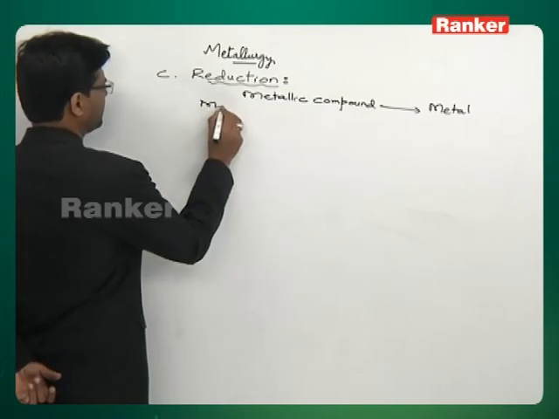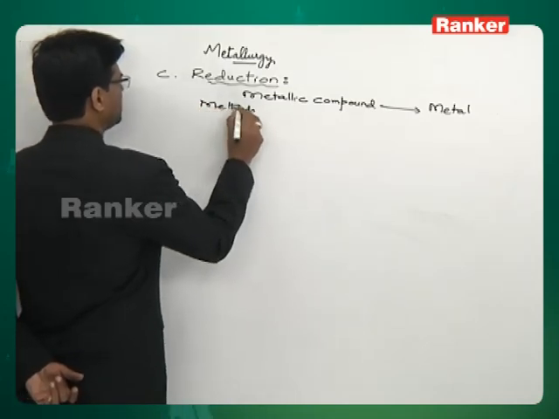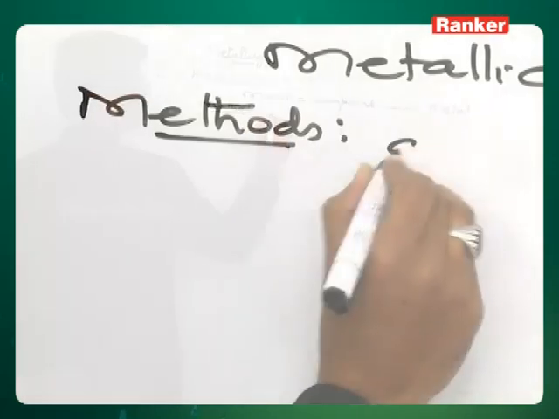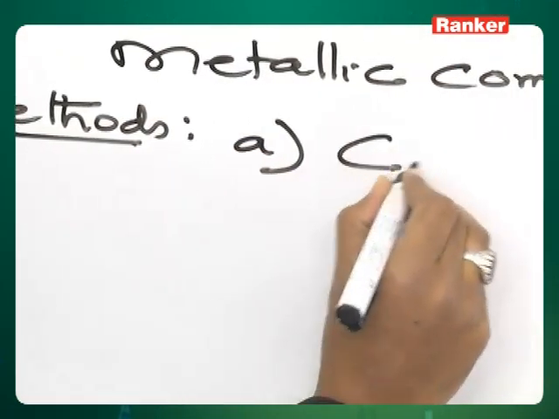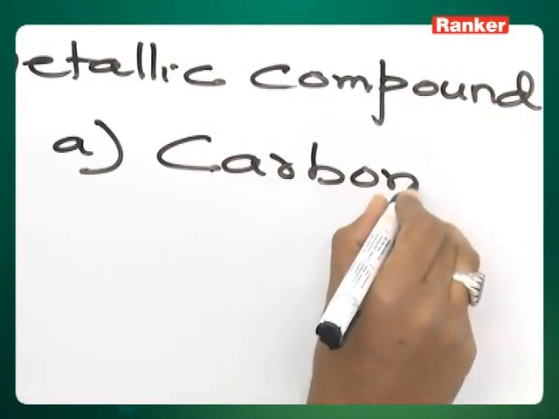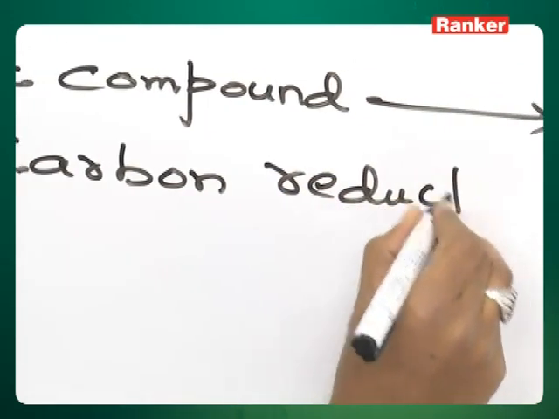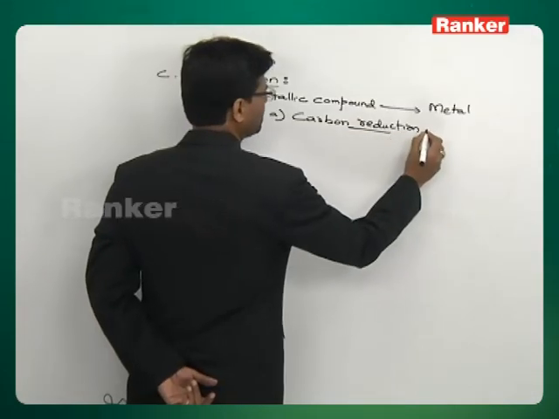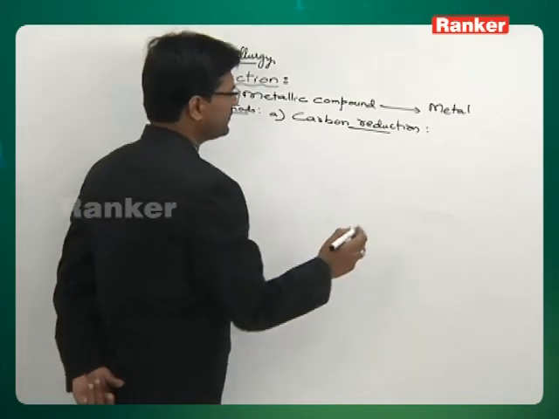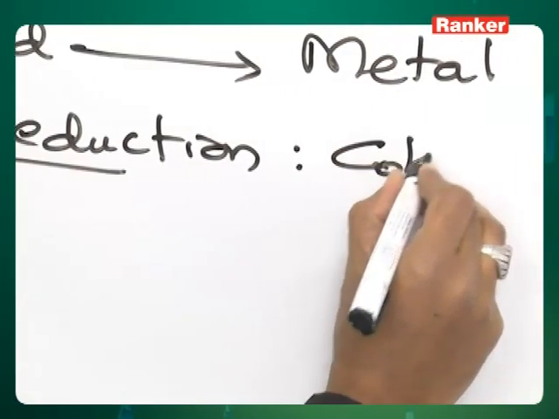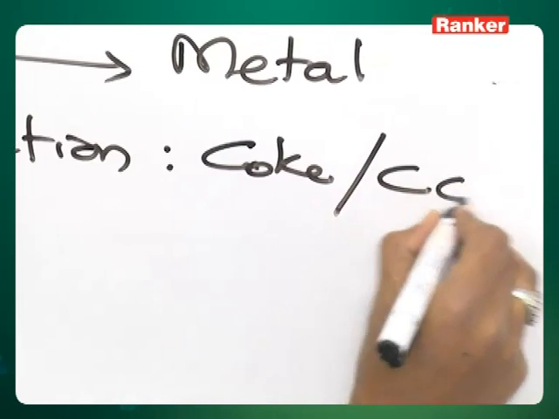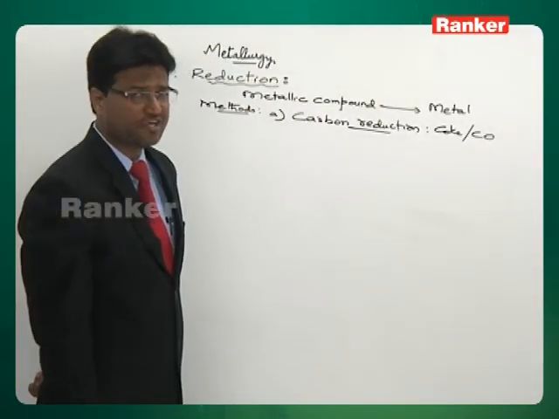The various methods are: A, carbon reduction. Here we use either coke or carbon monoxide as reducing agent.